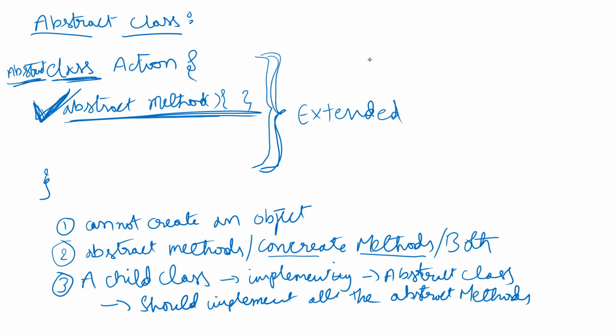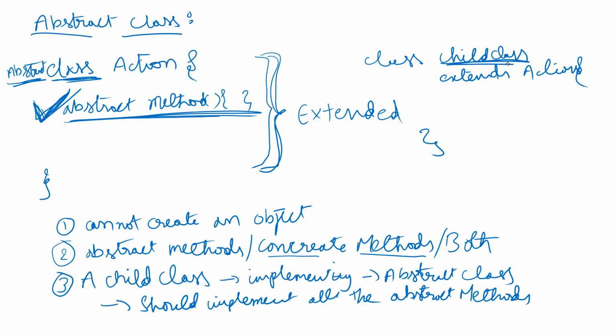Let's say I have another class here which is class ChildClass, and this is implementing the Action class. So this child class should implement all the abstract methods, not only this one, all the abstract methods that the Action class contains. Otherwise this child class will throw an error.